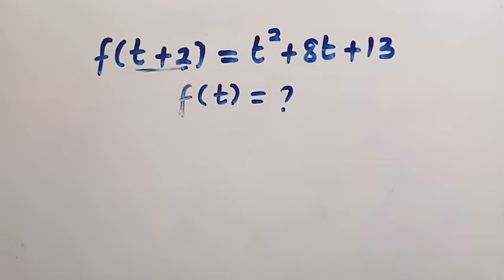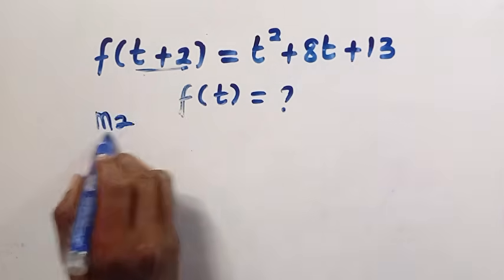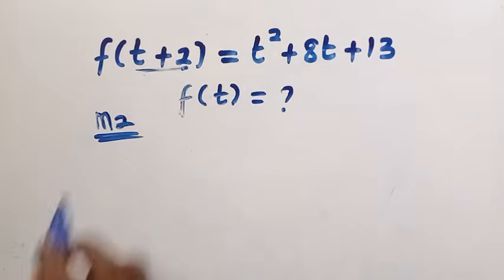Let's solve this in another method. If I consider this as method 2 on solving the same problem given t plus 2, we use another beautiful method. Let's apply the substitution method here instead of doing a whole lot of manipulations, since the left hand side in the domain has the same factor as the other side.